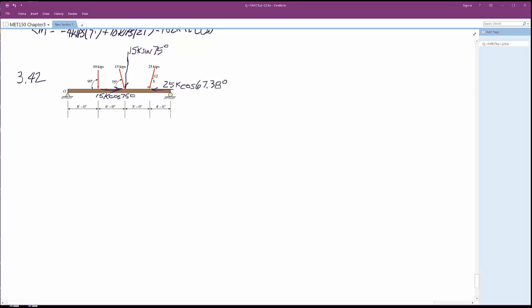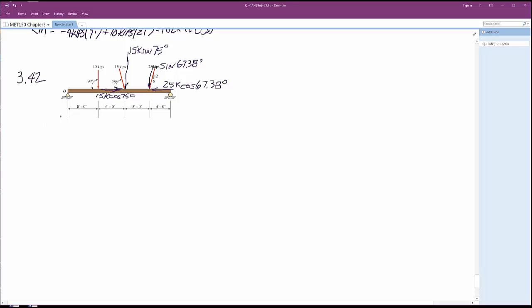And up here we've got another force that's vertical, and it's 25 kips sine of 67.38 degrees. So that's the free body diagram we have to deal with.